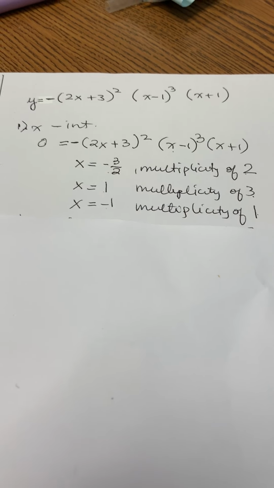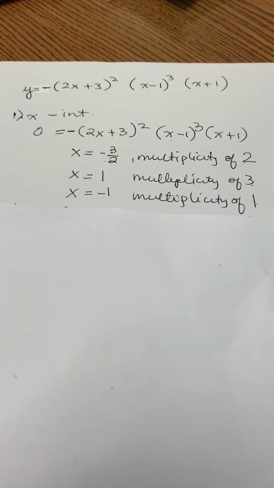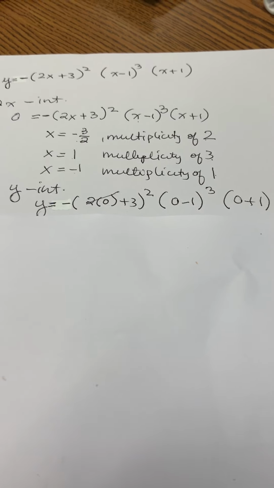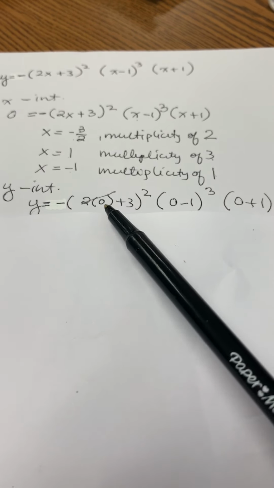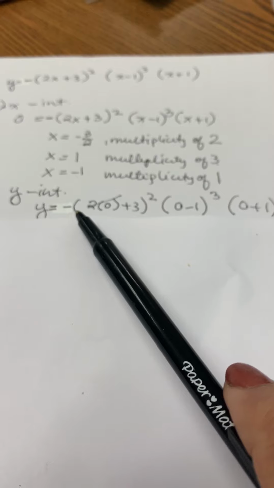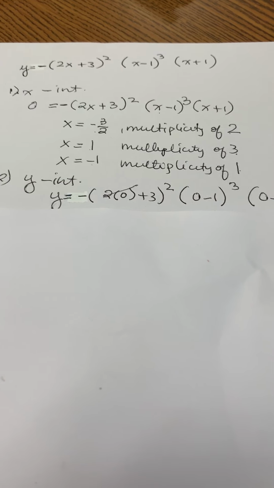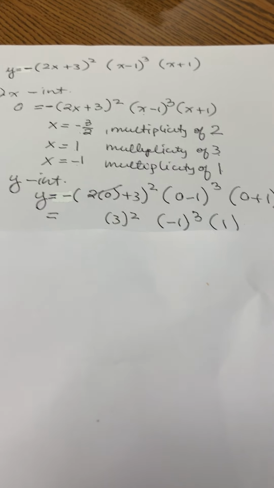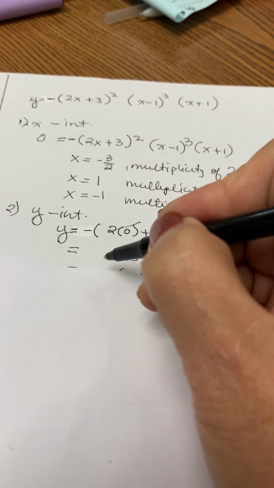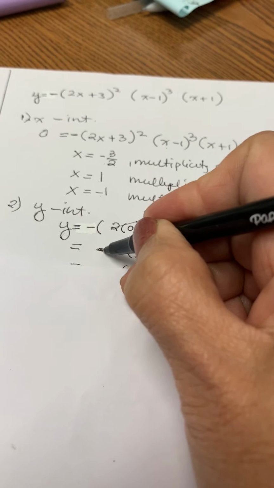To get the y-intercept, we have to make our x equal to 0. So we're going to substitute 0 for x and calculate the value. Don't forget again the negative. So this will be 0, 3 squared, don't forget the negative here.